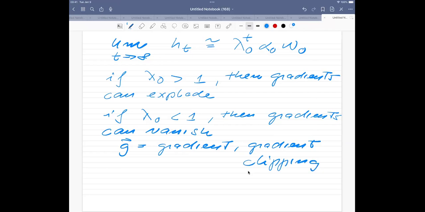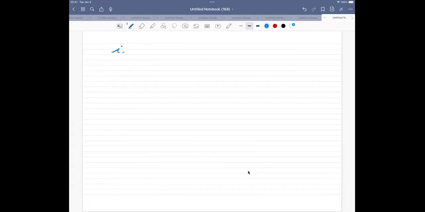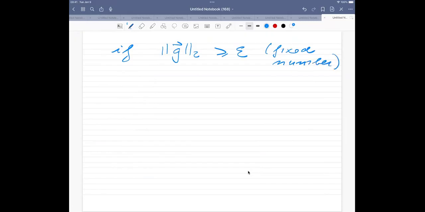It is pretty simple to implement: if the norm 2 of the gradient is larger than a given number epsilon, which is a fixed number set by you and therefore a hyperparameter in the setup, then you let the gradient be scaled down by epsilon divided by the norm of the gradient, multiplied with the gradient. This is one of the recipes commonly used in the training of recurrent neural networks.